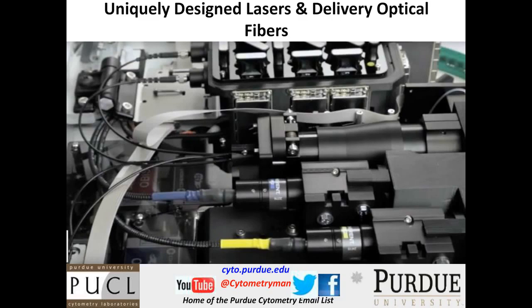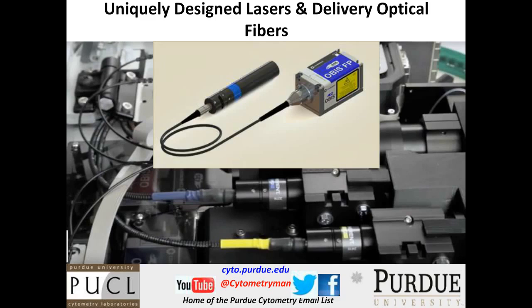And you have this round system here that is an optical assembly. So what are the lasers? They're actually an OBIS Coherent laser, which has been designed particularly for this instrument. So there are some unique features about the laser.